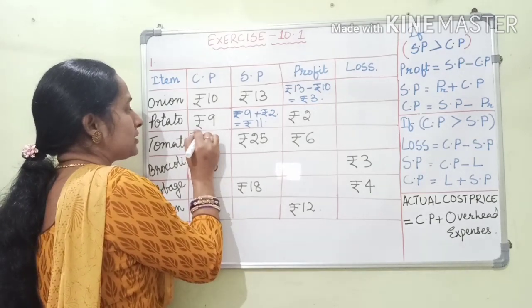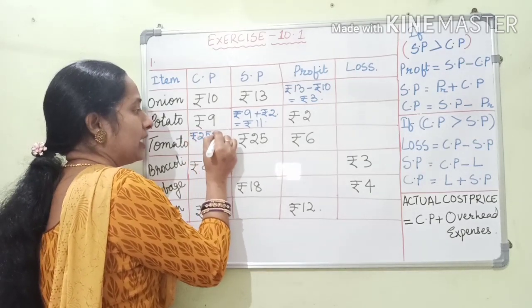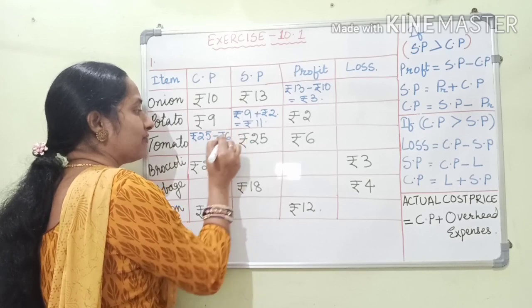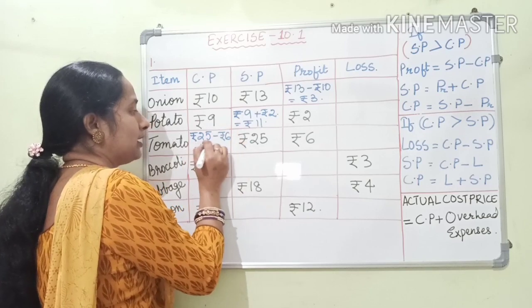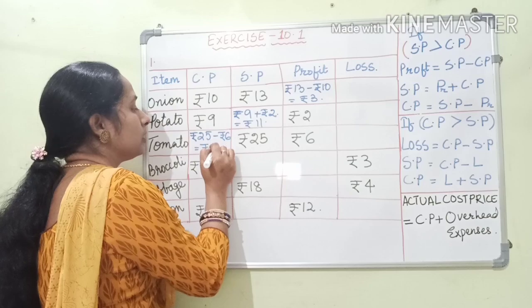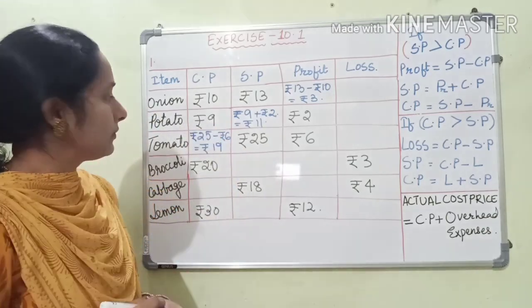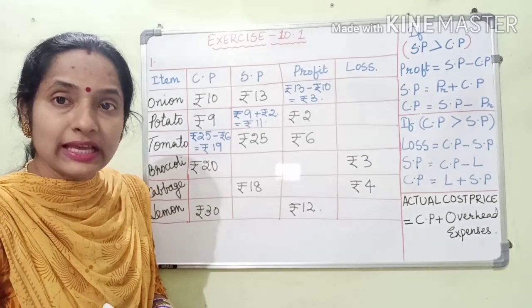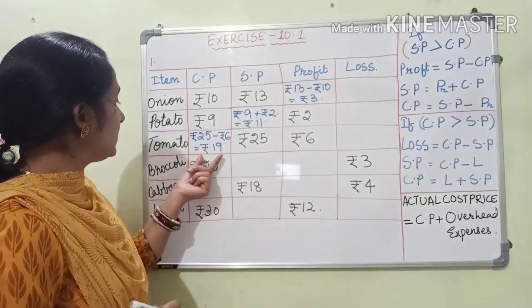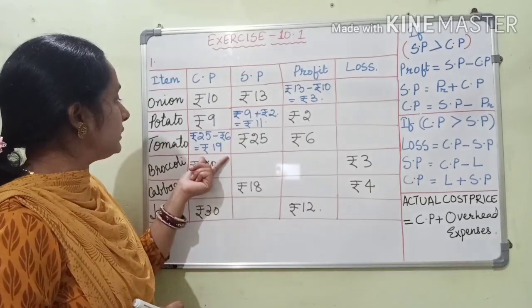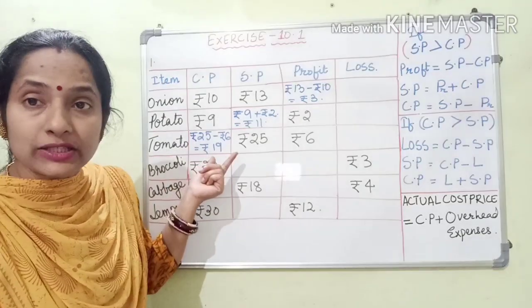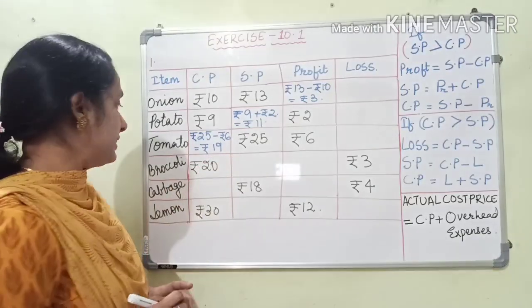That is rupees 25 minus rupees 6 will give you rupees how much? 19. Okay, rupees 19. So what is the cost price of tomato? The cost price of tomato is rupees 19.